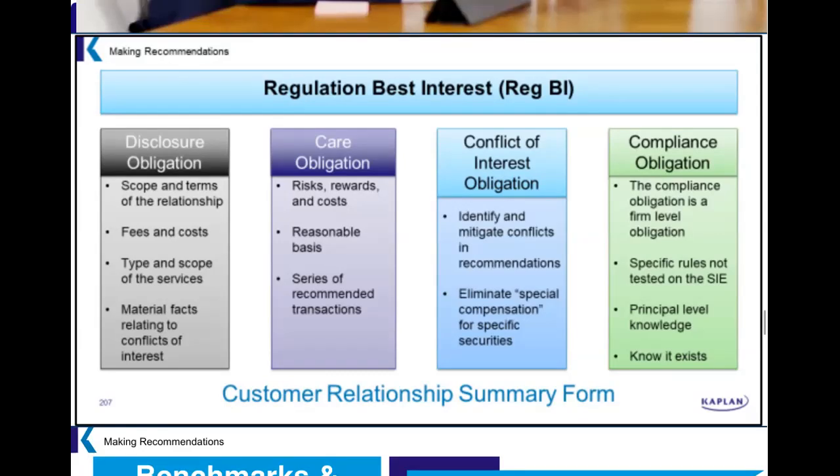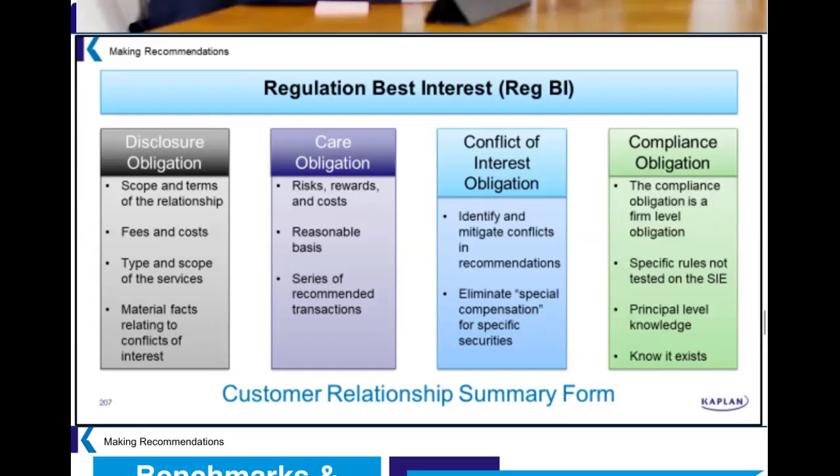And then, of course, the compliance obligation. This is on a firm level. In other words, Primerica, PFS Investments, it's their obligation. Now, there are specific roles that you'll learn later on in other exams that are not going to be tested on the SIE.